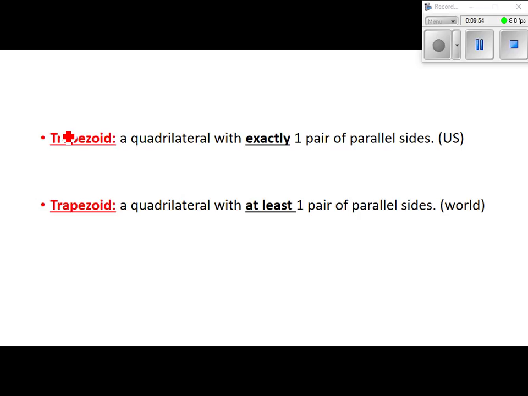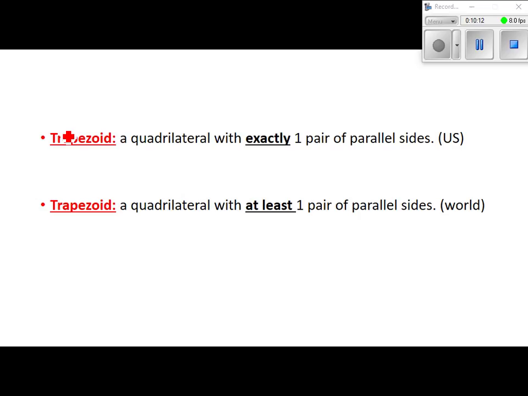So if you decide you want to try to make things hard on Mr. Ebersol and you say, hey, I'm going to throw in trapezoid every time I get a chance, just to make him think about two different answers here, that's fine. I'm just going to do it so that on the state test, I'll already be used to that idea.